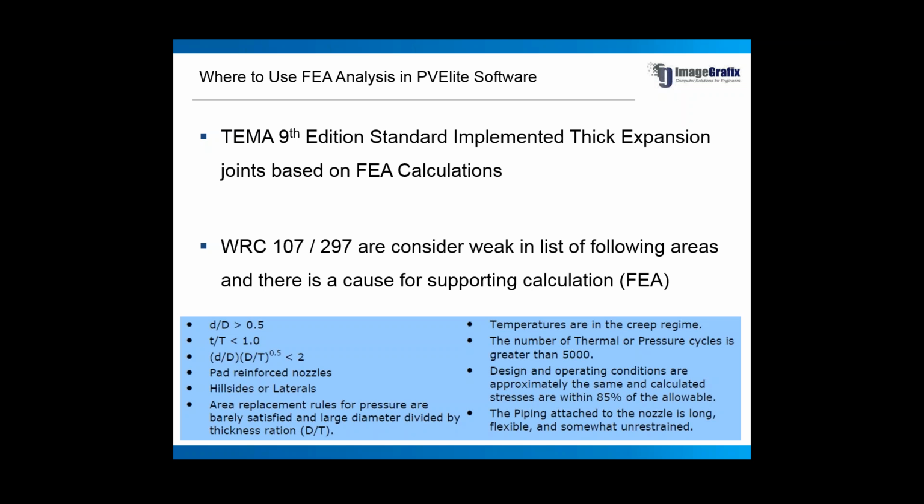Even though you are getting the output, it may not be the right one. What happens in WRC is that even though the ratio goes below 0.5, since the WRC chart does not have values below 0.5, it will use the last curve available. If you are using WRC 107, the last curve available is the d/D ratio of 0.8.